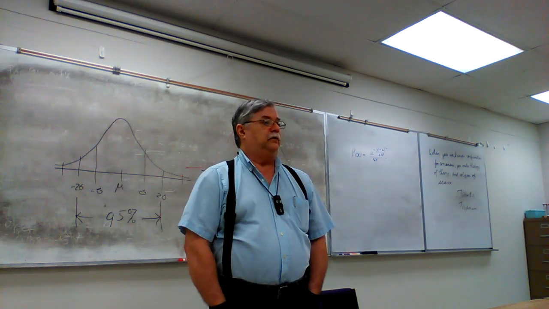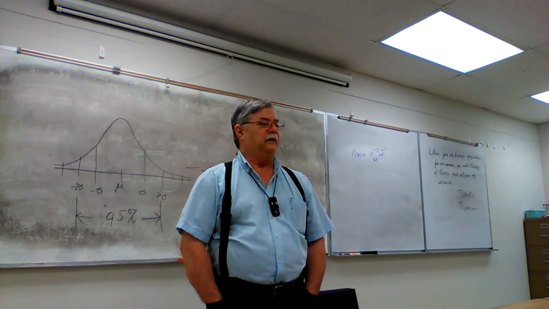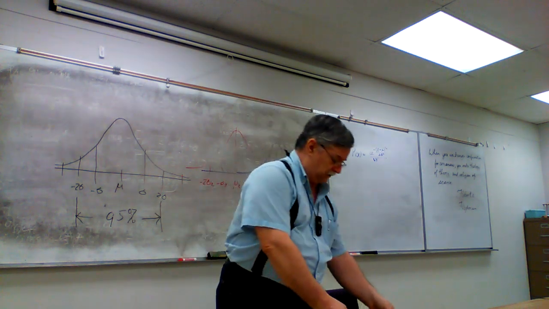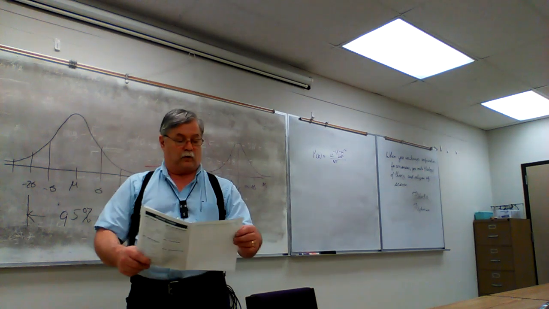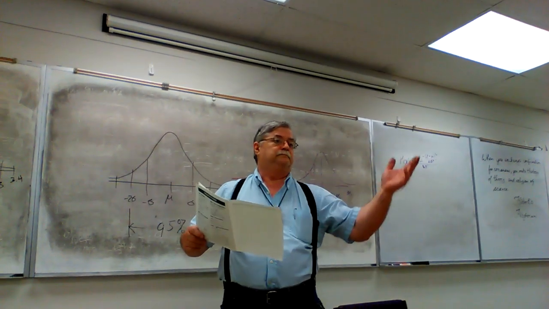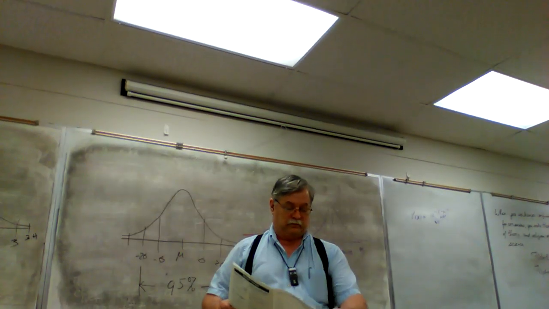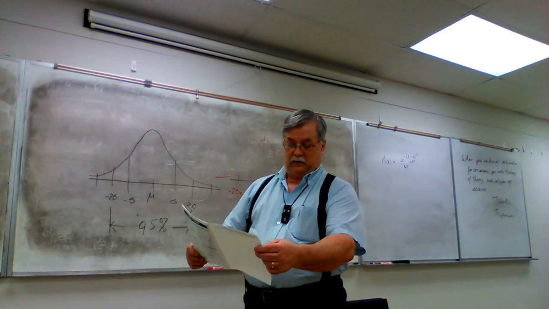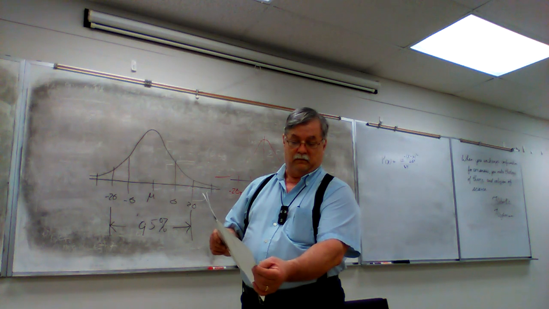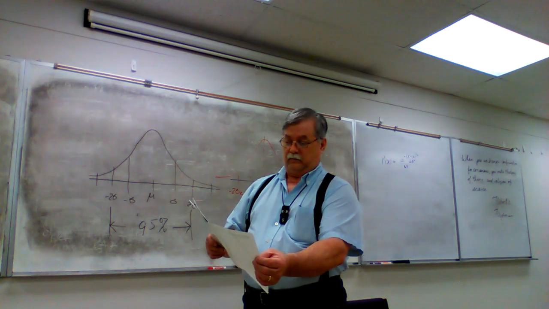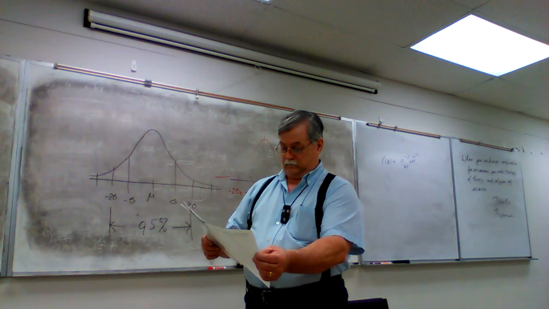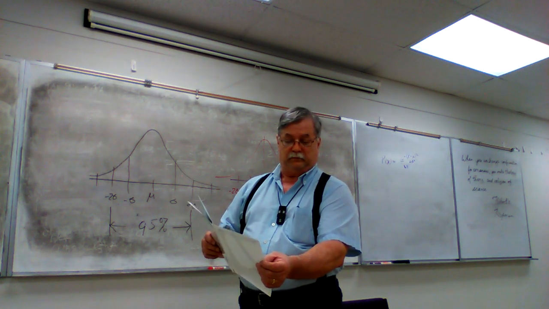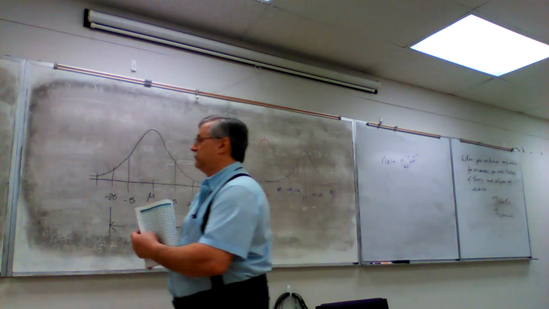So, if you want to know what percentage of the distribution is below a z-score of minus 2, you get out your handy-dandy table, you find minus 2, now what's the rest of your z-score?